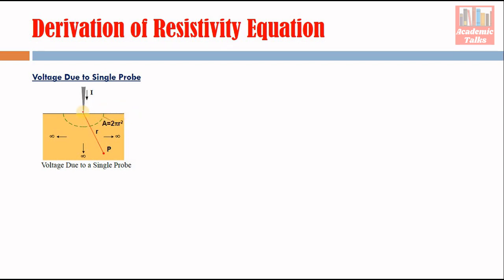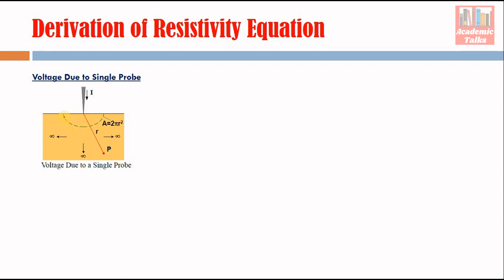But first we will write a general equation, one which specifies the potential at any point P. Suppose P is here, so how much is the potential at this point? Actually, when this current is entering the material, it spreads in all directions. And this green circle looks like a half circle, but practically it is not a half circle, it is a hemisphere, right?